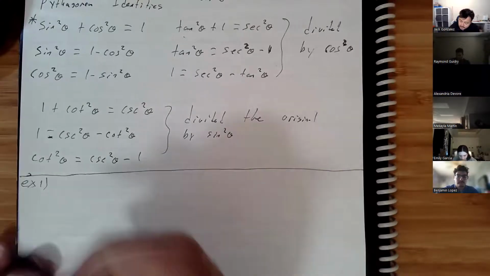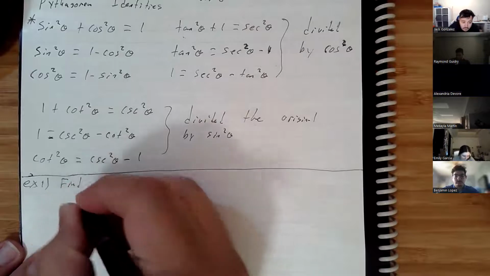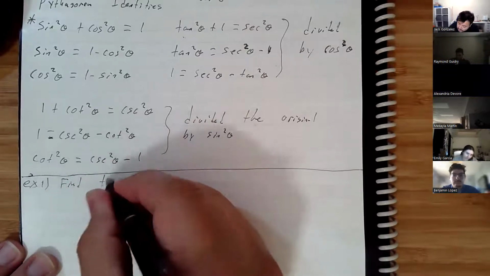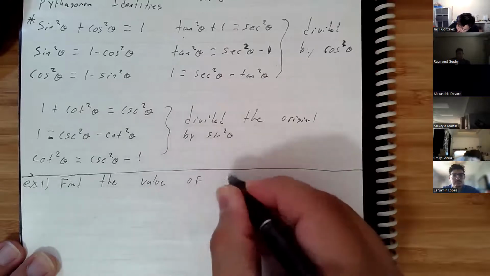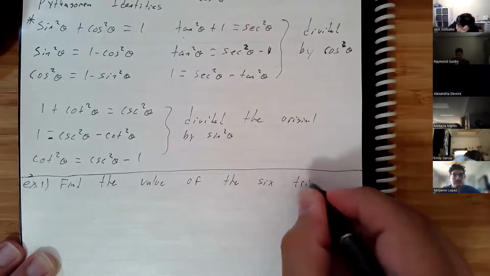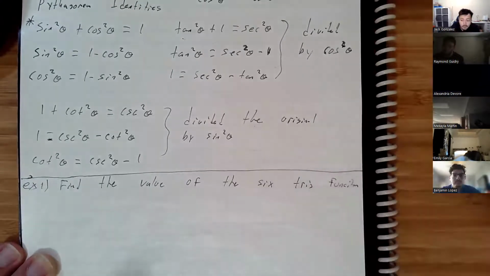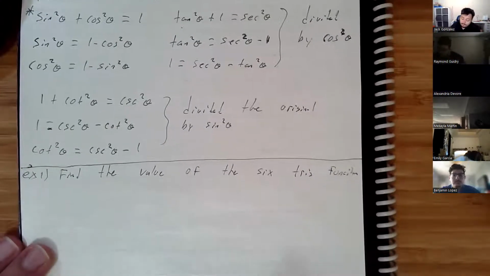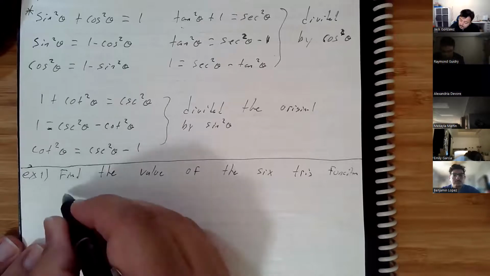Okay. So example one. Find the value of the 6 trig functions. They give us a right triangle.